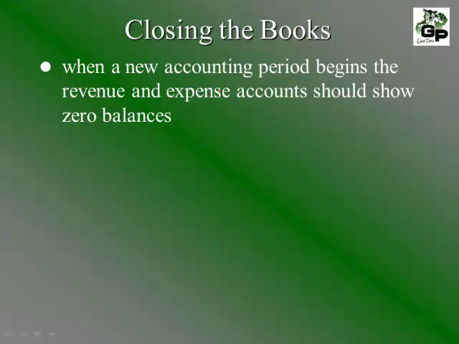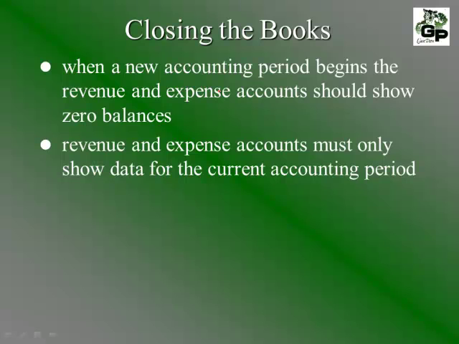When a new accounting period begins, the revenue and expense accounts should show zero balances, and that was the problem in Yoshi Enterprises. The year 1 revenue and expense accounts were not zeroed out as they should be. They were kept on the books and were part of year 2, which is incorrect.